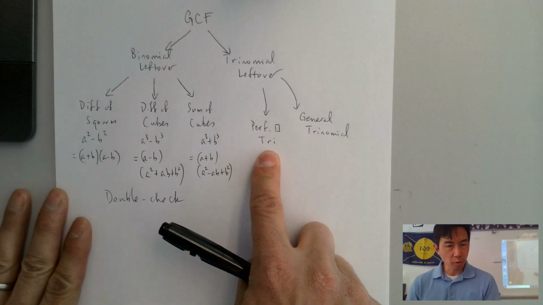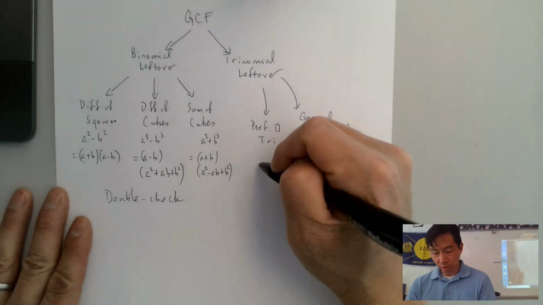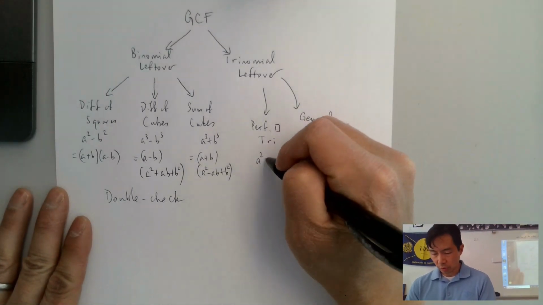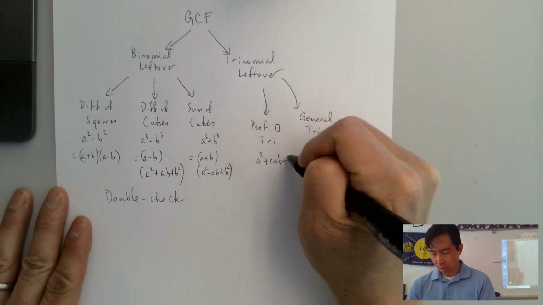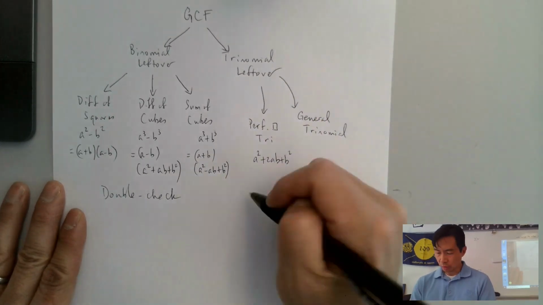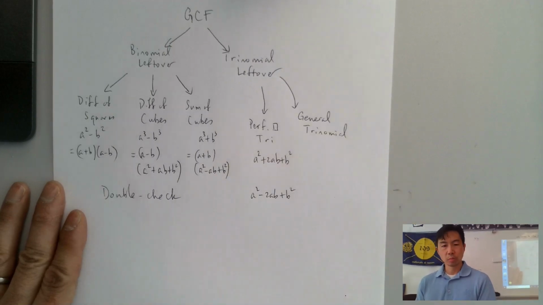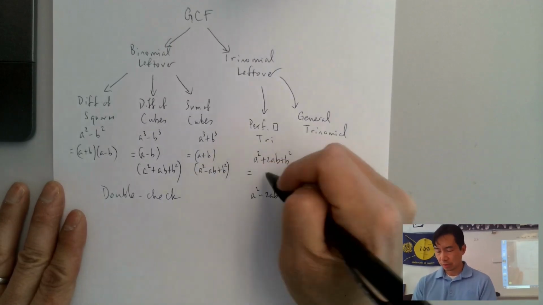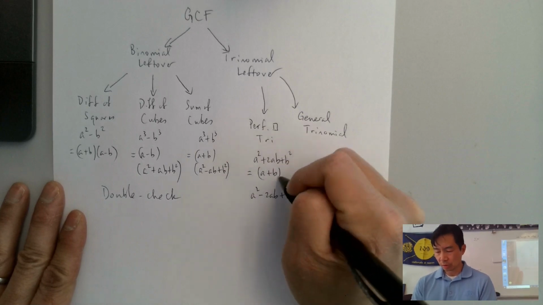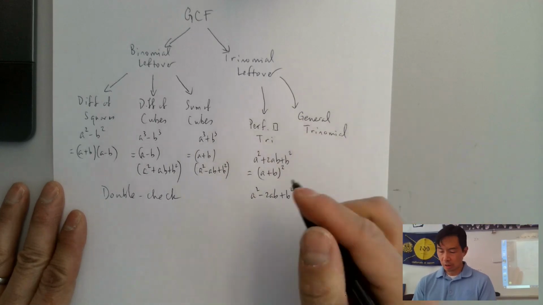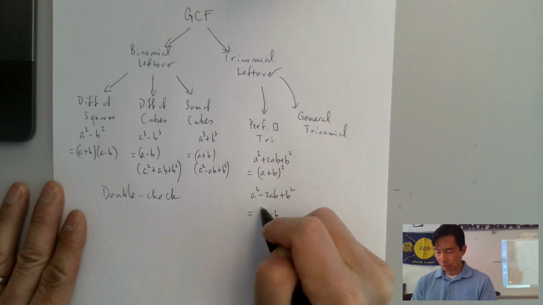If you have a perfect square trinomial, then it must be one of these two patterns, either a squared plus 2ab plus b squared, or a squared minus 2ab plus b squared. And these are patterns that you should have memorized. This one's a plus b squared, and this one's a minus b squared.